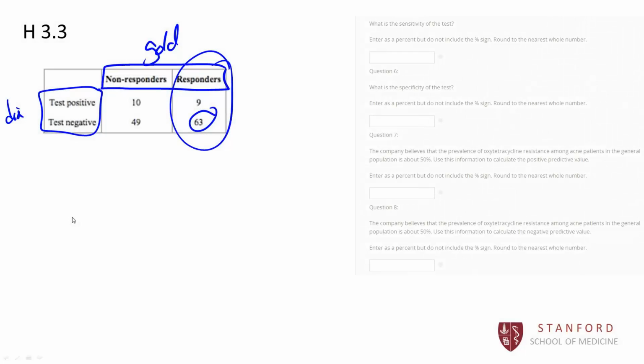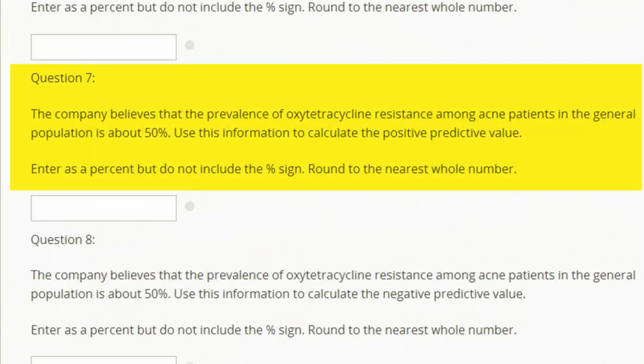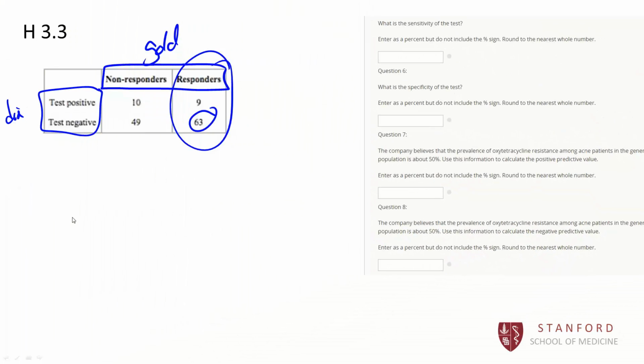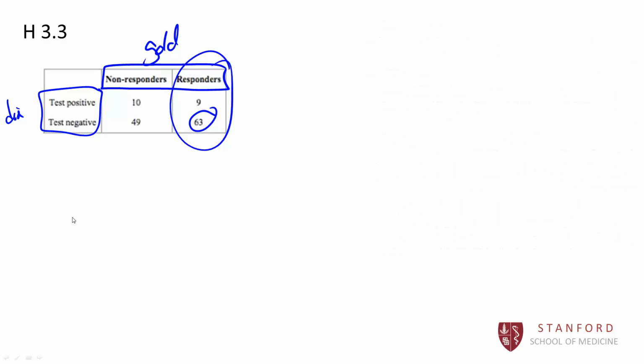Then the next part of this question is asking about applying this test to the general population. We know that the prevalence of testing positive for this test is about 50%. So we want to use this information to calculate a positive predictive value. Okay, and so in order to do this, we're going to need to apply Bayes' formula. We cannot calculate the positive predictive value directly from this.